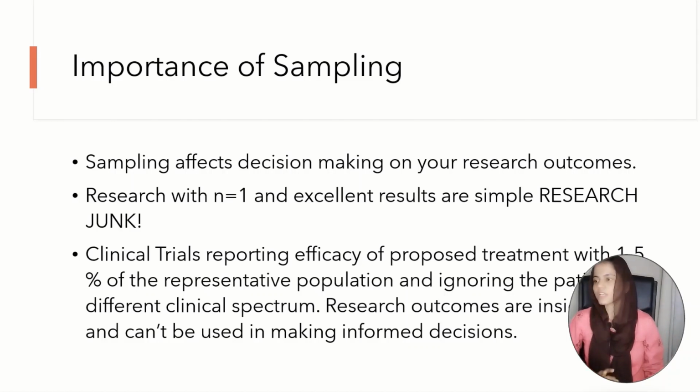And clinical trials that report efficacy of some proposed treatment with 1 to 5% of the representative population, and ignoring the patients at a different clinical spectrum, I tell you what, the research outcomes of such clinical trials are insignificant, and cannot be used in making informed decisions. And this is applicable to the vaccine example that I've given you earlier.